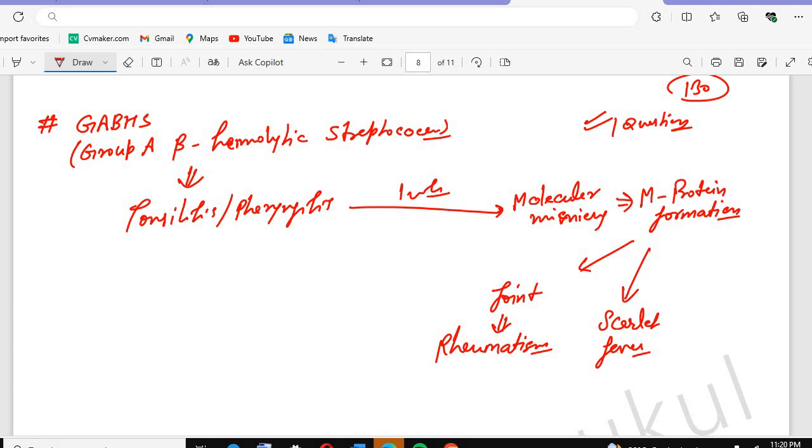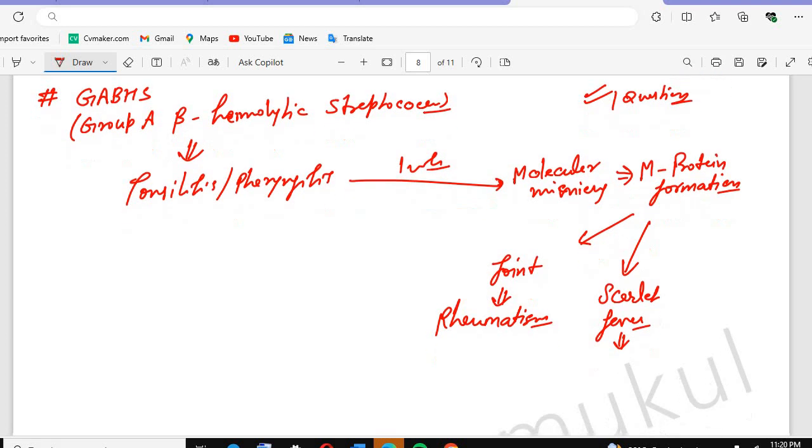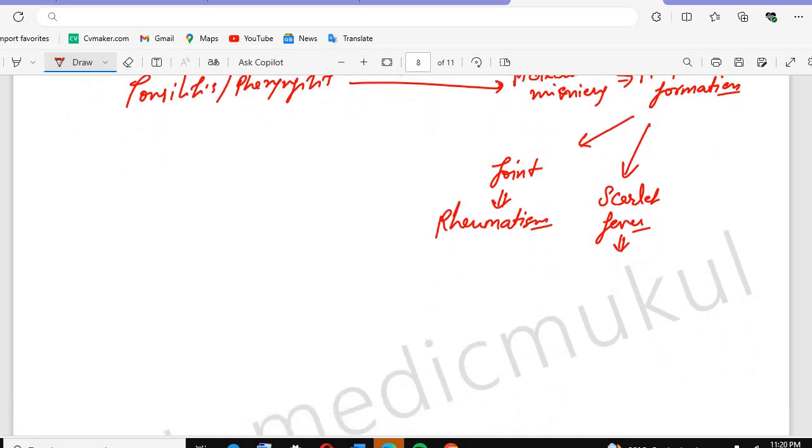In scarlet fever, I hope every one of you knows what kind of tongue you will see. The strawberry tongue, or crimson red or purple tongue. We call this the strawberry tongue.